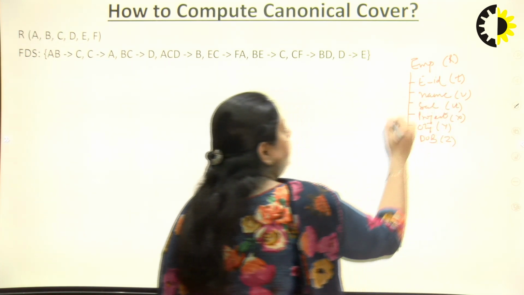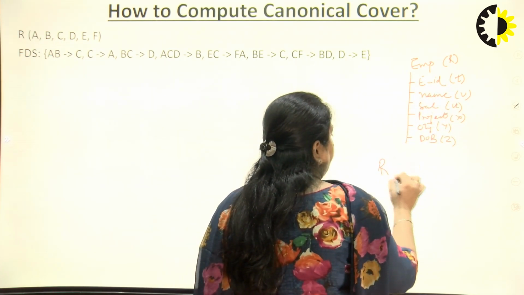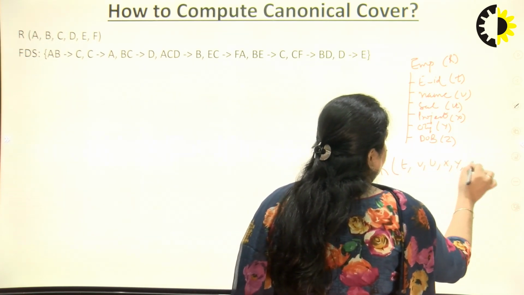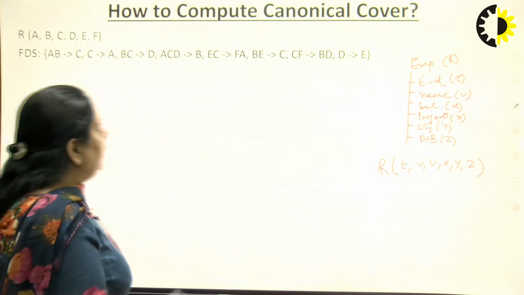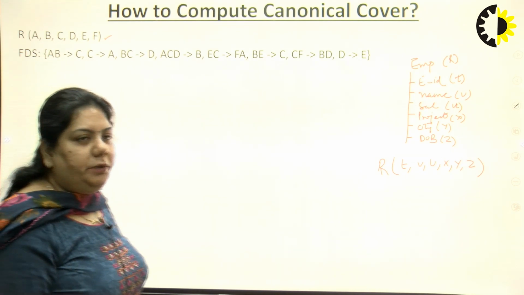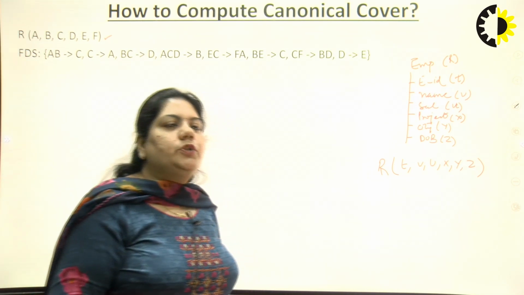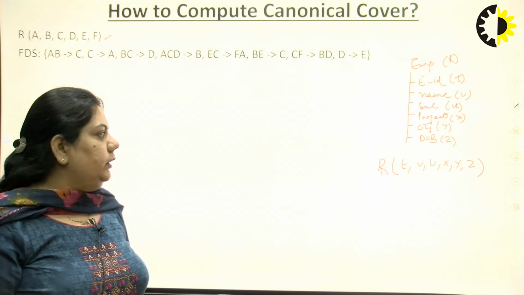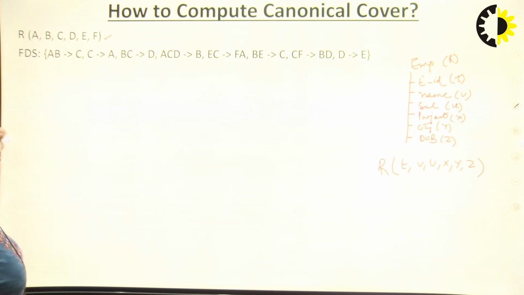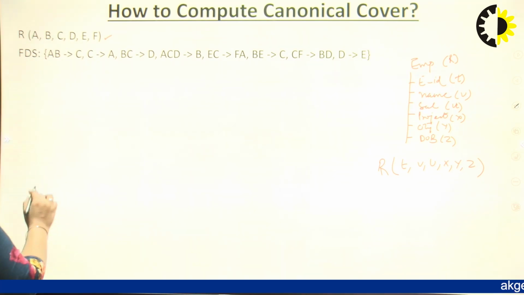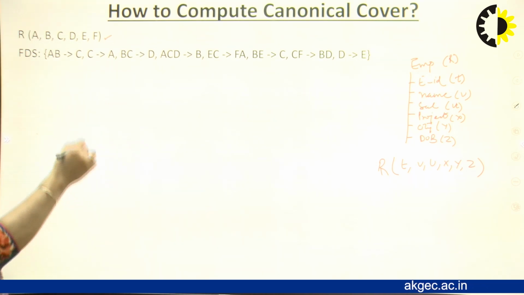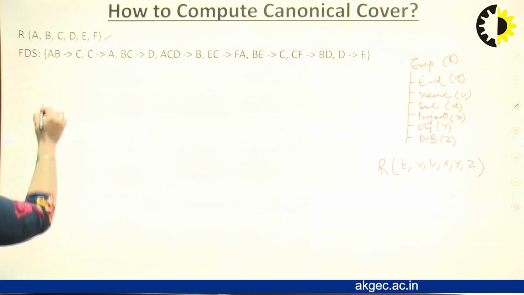So, what is the relation? We can say a relation is T, V, U, X, Y, Z. This is given as a relation here, and the functional dependencies are given. Functional dependencies are those through which we can uniquely identify a row from a table. First of all, write these functional dependencies in a vertical order.